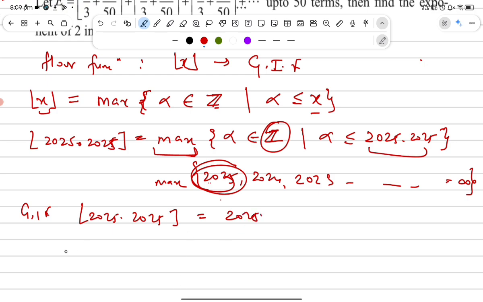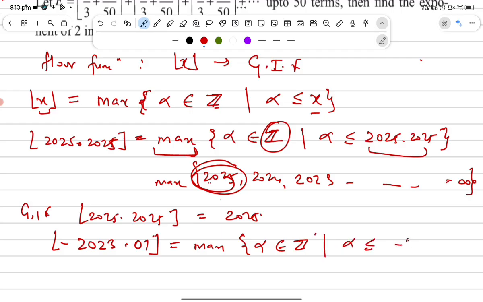Now what if I had negative 2023.01? Now we have negative. Once again the same definition, maximum of all the alphas belonging to the set of integers such that alpha is less than or equal to negative 2023.01.